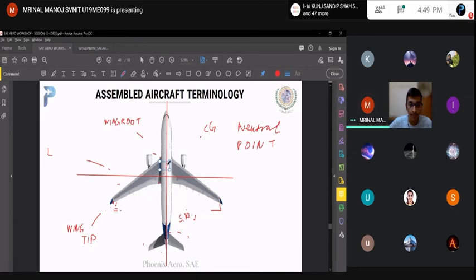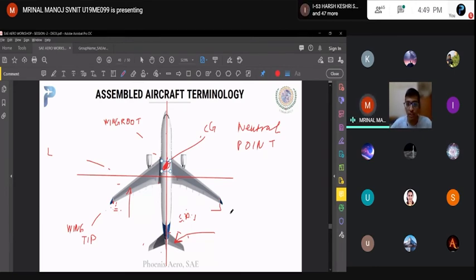Yeah, our CG was about here. One of the main contributing factors of lift in an aircraft is the wing, and the horizontal stabilizers. Now the neutral point is basically sort of a moment balance. The actual definition of a neutral point is where the CG of the aircraft is supposed to be located when the plane is neutrally stable.